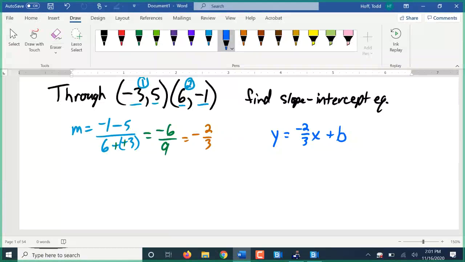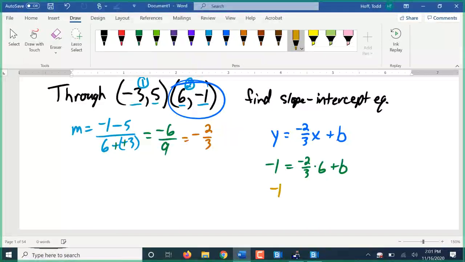Now, it does not matter which point we use to try to find the y-intercept. Let's just use the point 6,-1. So I put -1 in for y, with -2/3 for the slope, and for x, I put in 6. I combine what I can combine. -2/3 times 6 is -4.